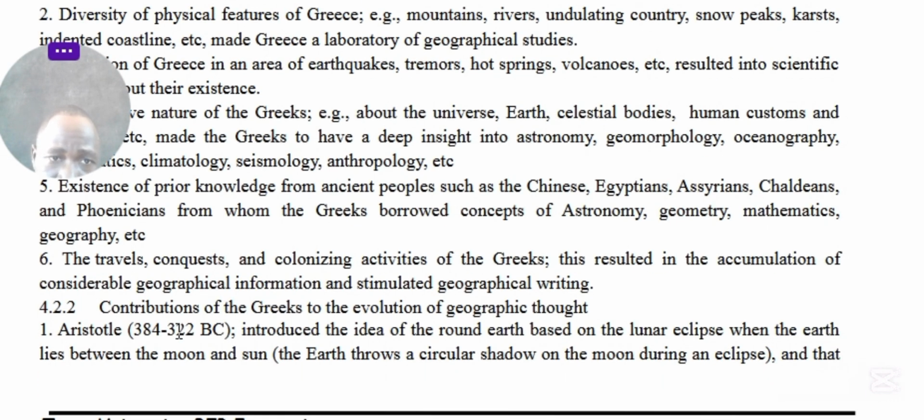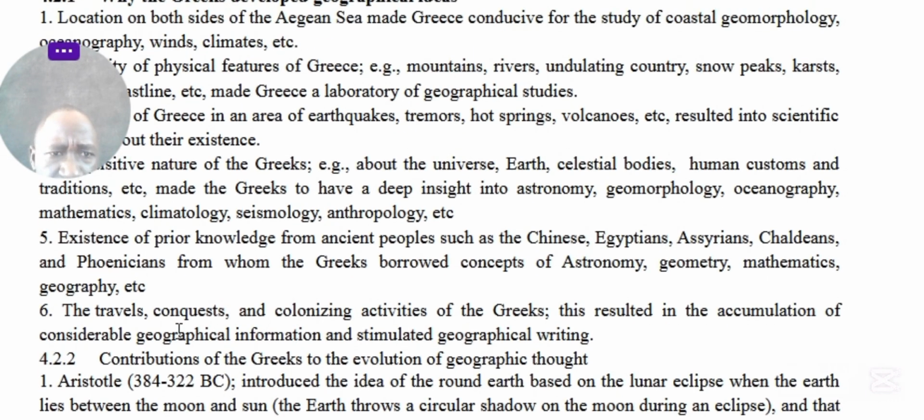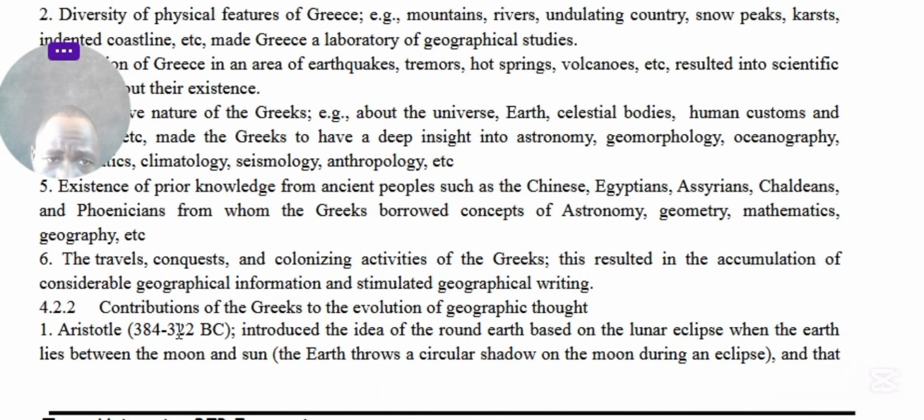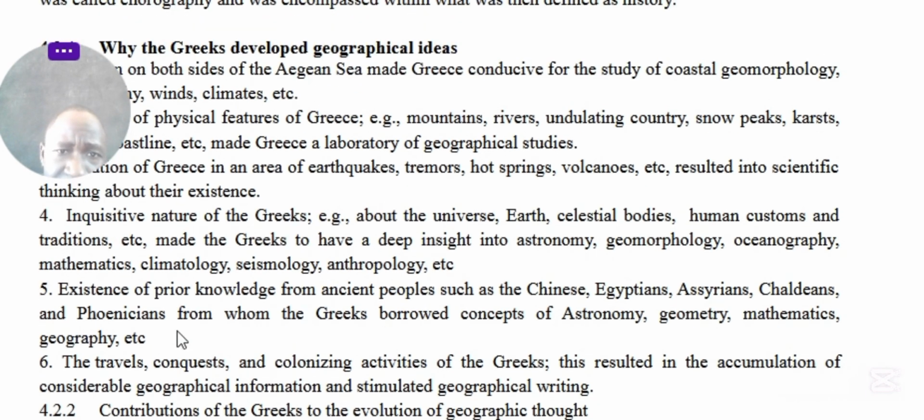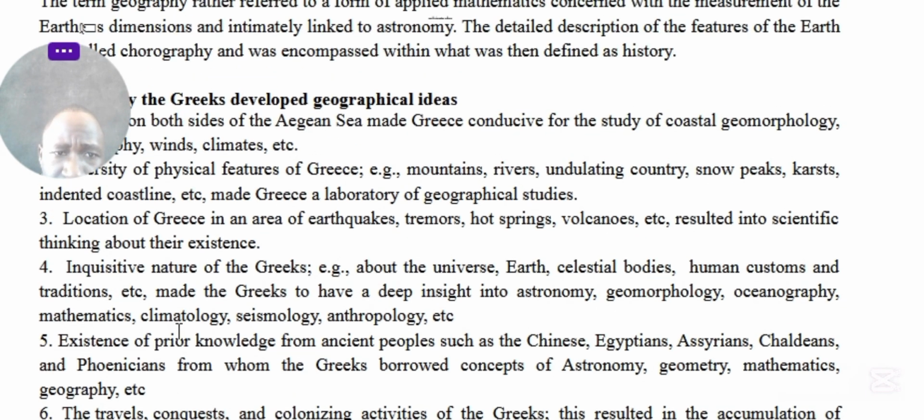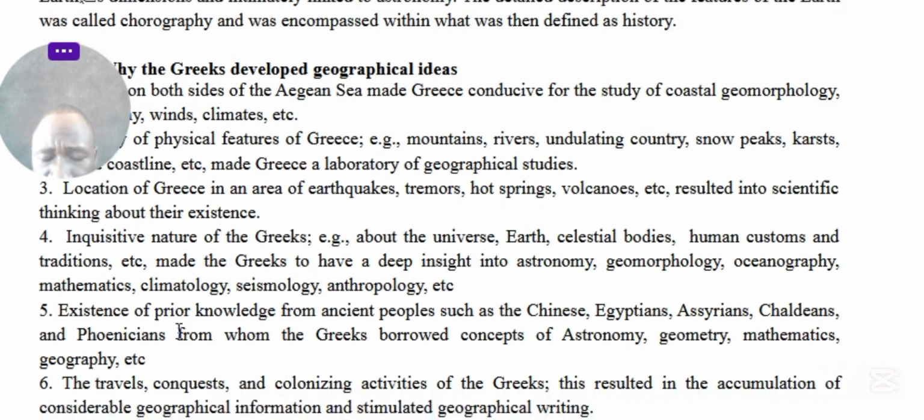That was Herodotus. Now we are going to be seeing how these people, the Greeks, developed geographical ideas. We are talking about Herodotus and his colleagues. They came with the idea that geography was a mathematical or applied mathematics concerned with the measurements of the earth.